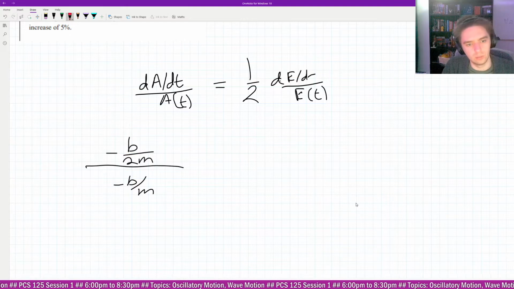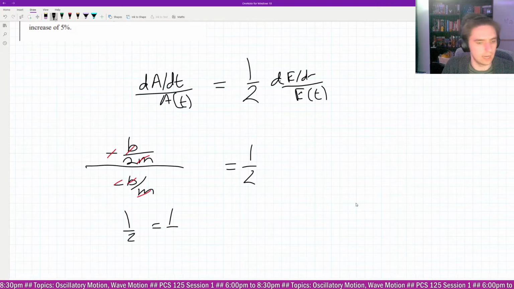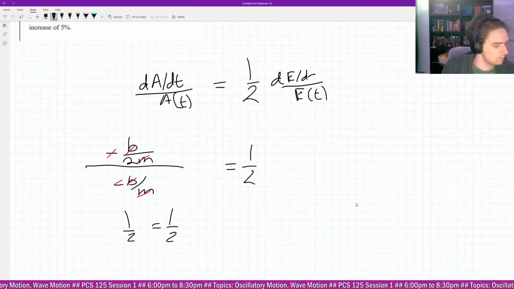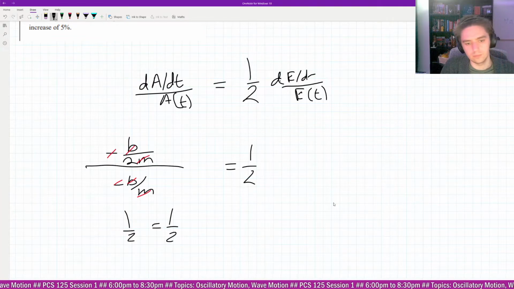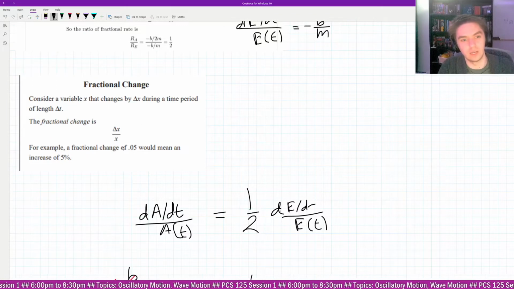So most things cancel, right? Now we're trying to show this is equal to a half, so 1/2 equals a half. And that's it. So it's just we didn't know what fractional change was.